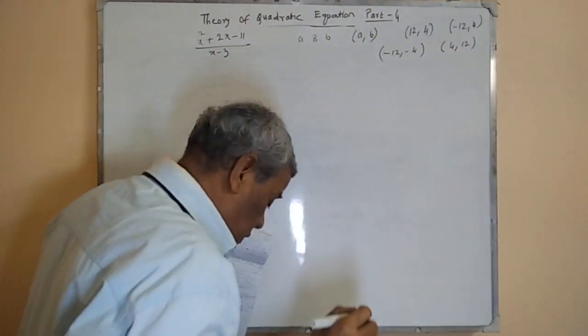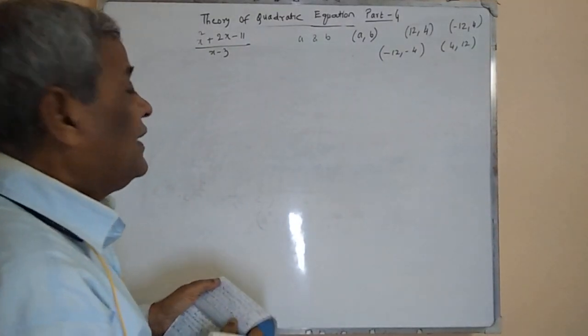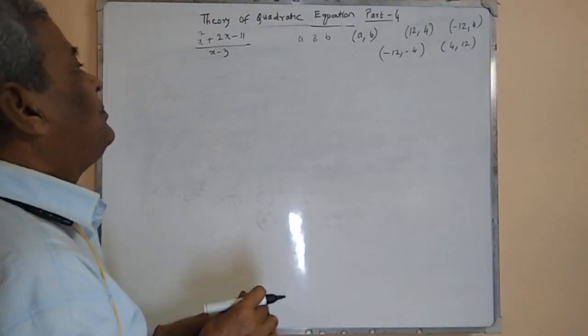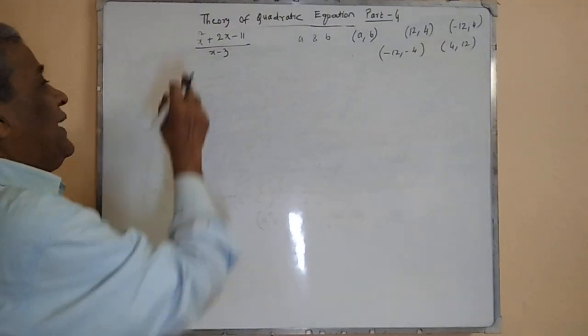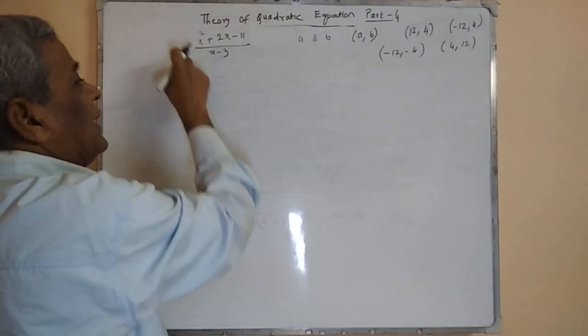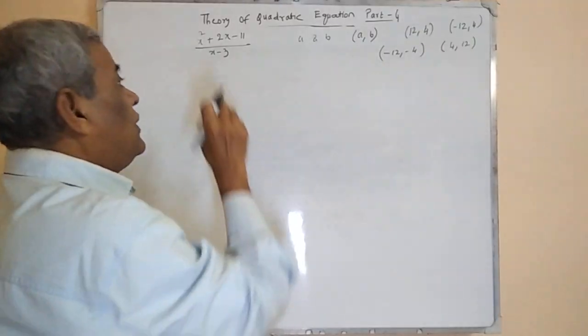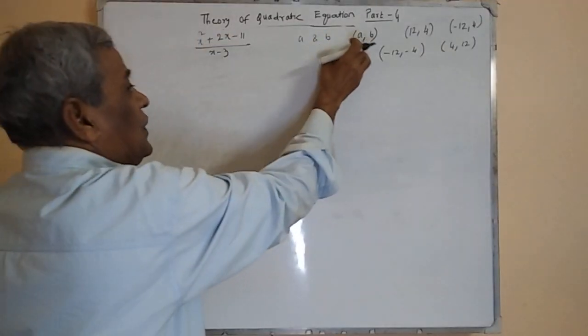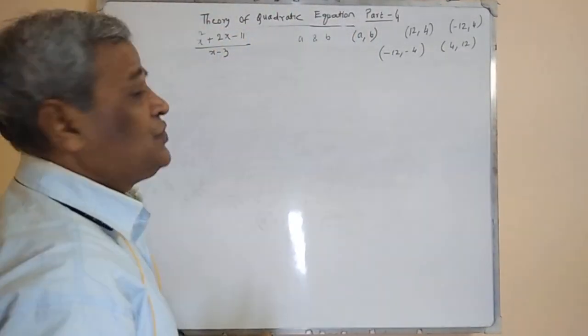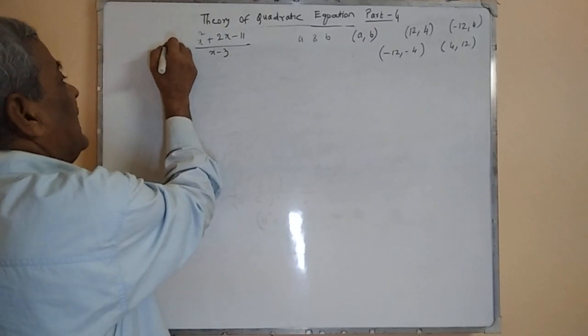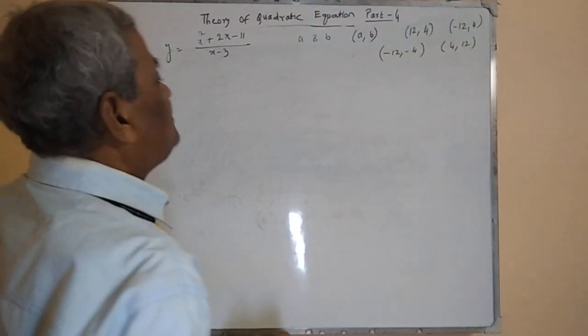So let us see what the problem is. Given that x is real, it is given that for all real values of x, this expression does not lie between a and b. Then what is a and what is b? This is the problem. Let us take that this is equal to y.